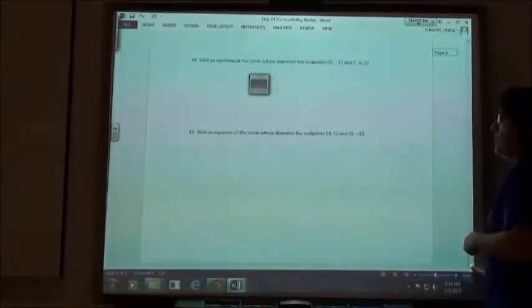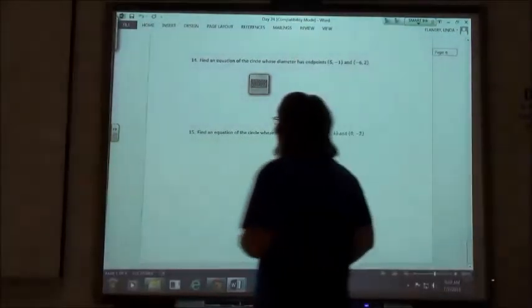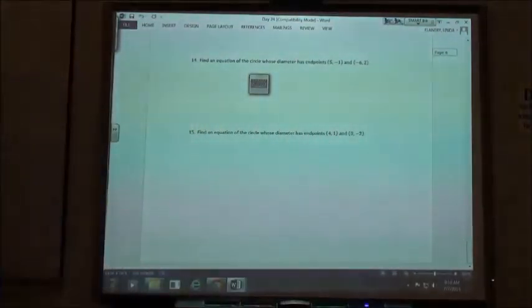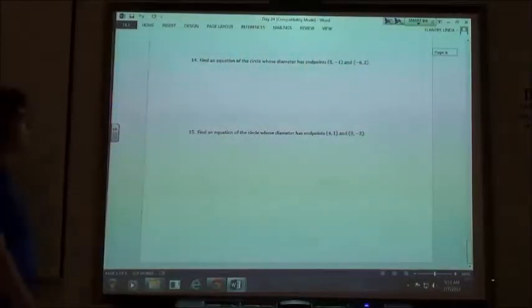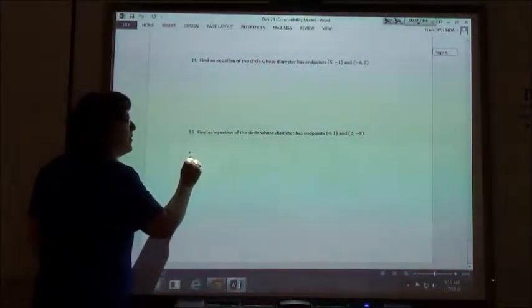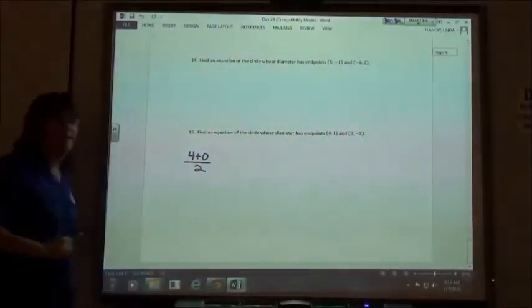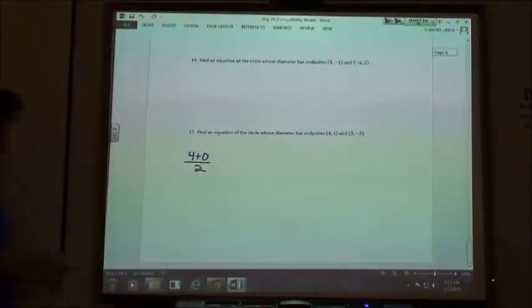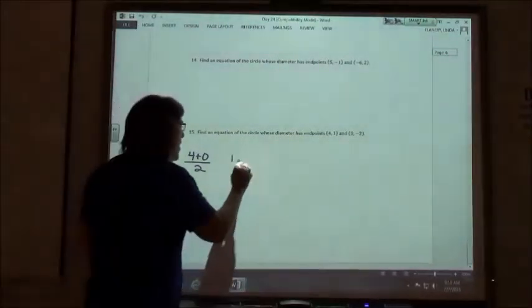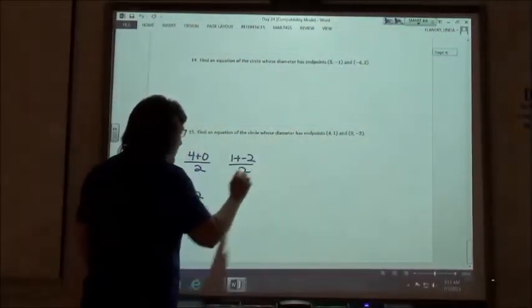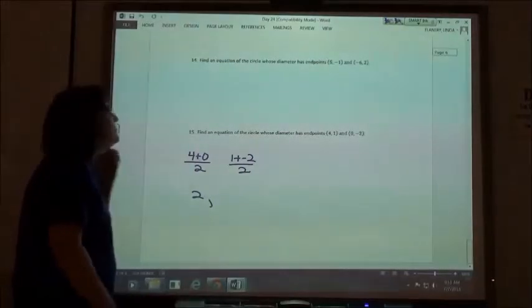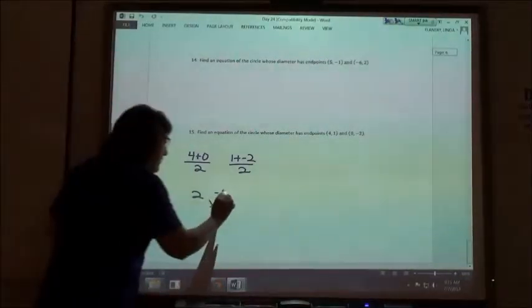And the last one. Find the equation of the circle whose diameter has endpoints of (4, 1) and (0, -2). So, adding my x's and dividing by 2, I would get 2. And adding my y's and dividing by 2, I would get -1/2.